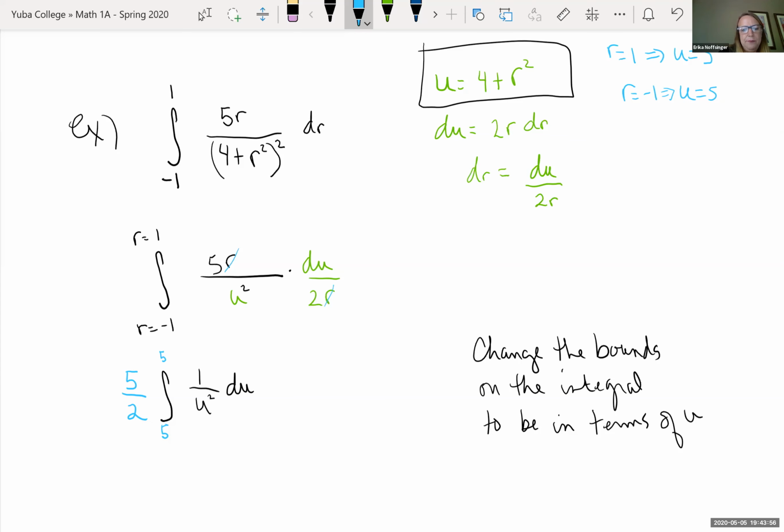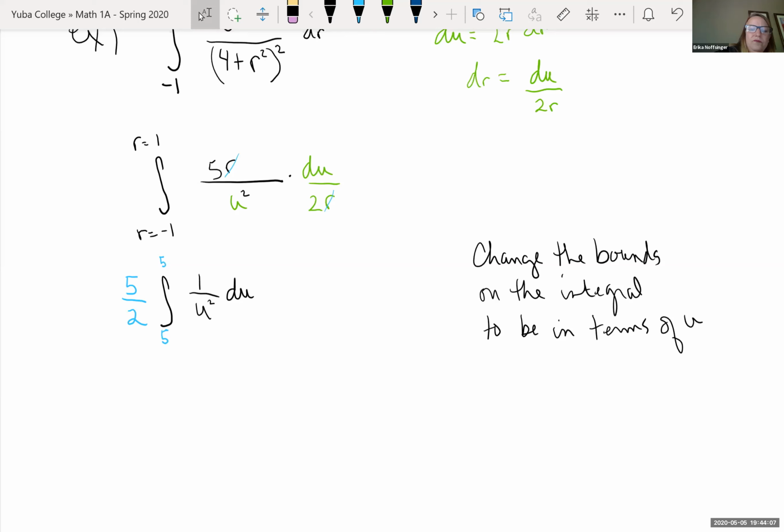If you have the same bound on the top and the bottom, what would that give us? So we should get that this is equal to 0.